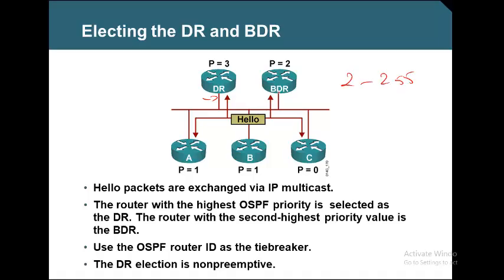If you want to change it to 0, you can change it like this, or you can set any number between 2 to 255 like this. So when we set priority, the router with the highest priority becomes the designated router.